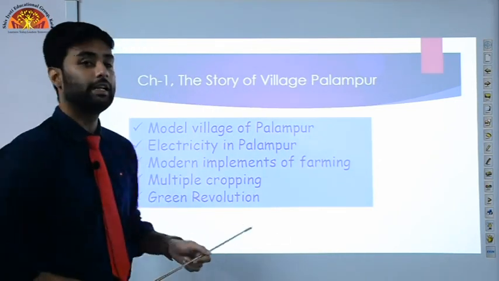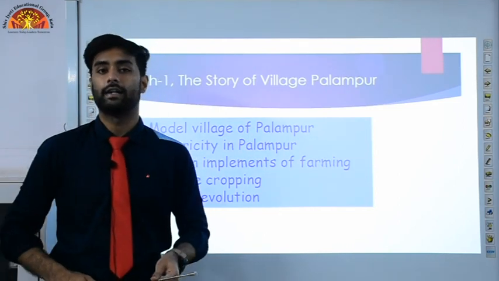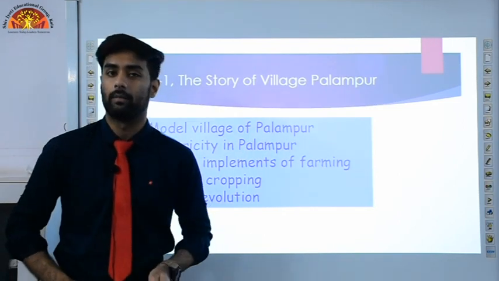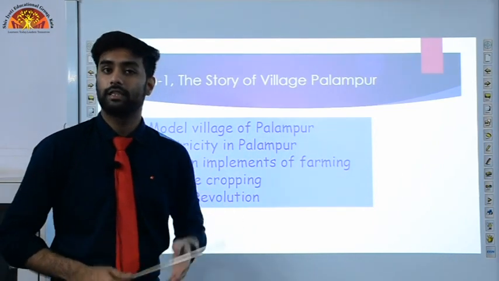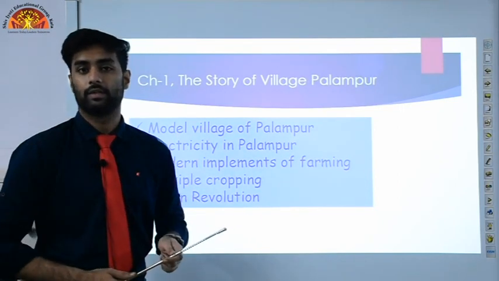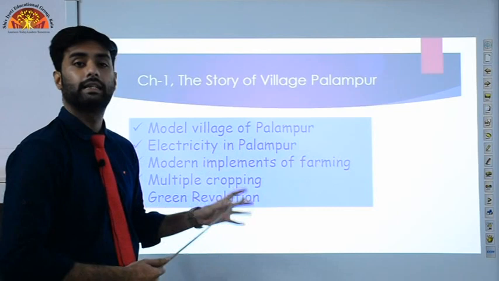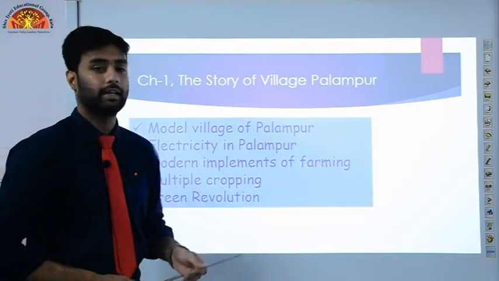Then we learnt about the Green Revolution, which were some changes done in India after independence in the way we used to farm our crops. We started using HYV seeds, fertilizers, insecticides, pesticides, and a lot of water was given. That increased the production of India's crops, and that was called the Green Revolution.